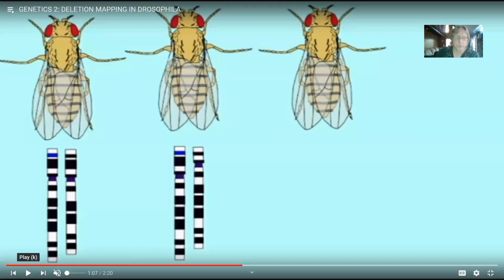So if we're trying to figure out where this gene is located, you might have deletion stocks that are missing this part of the chromosome or that part of the chromosome.